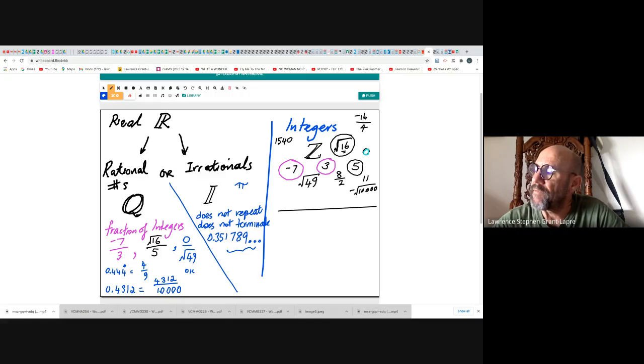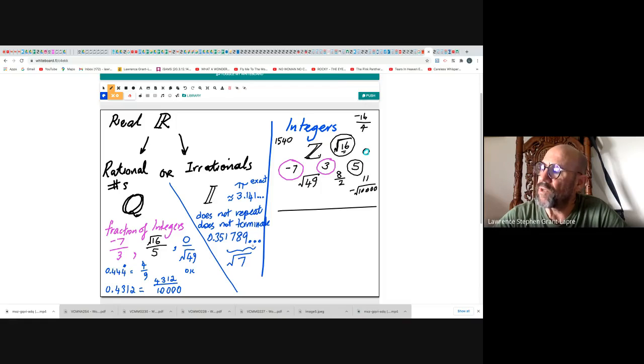There's other values. Pi is 3.141927, etc., etc. So we can't write pi exactly. This is approximately, but when you put the pi symbol, that's exact. That's pi exact.